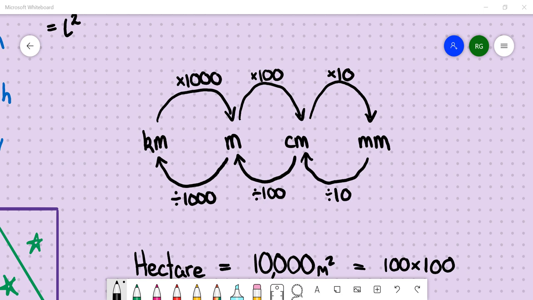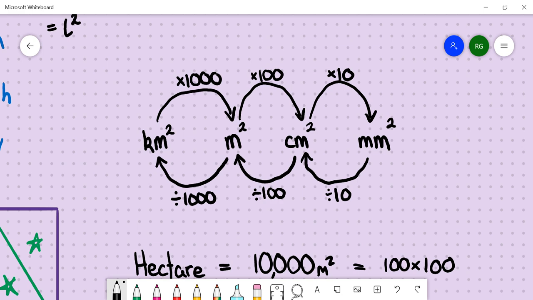Now when we are talking about area, we have squared units. So if you're going to rewrite one of these at the start of a test or at the start of a unit, when we talk about kilometres squared, that means it's a square kilometre, so 1,000 metres times 1,000 metres.